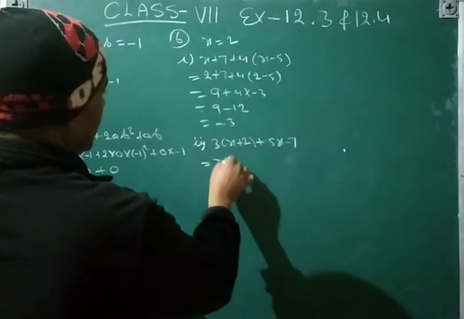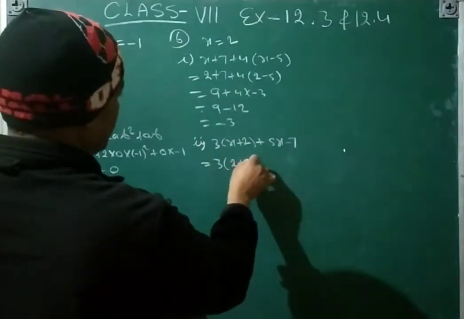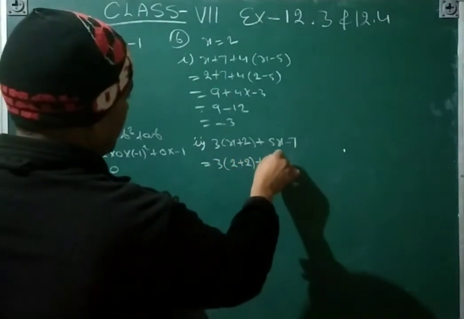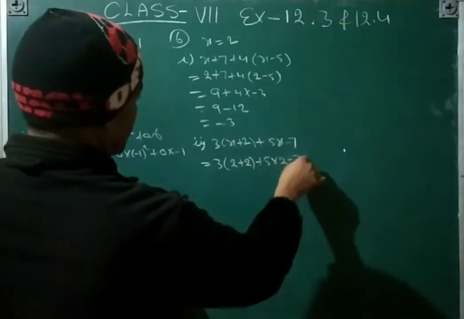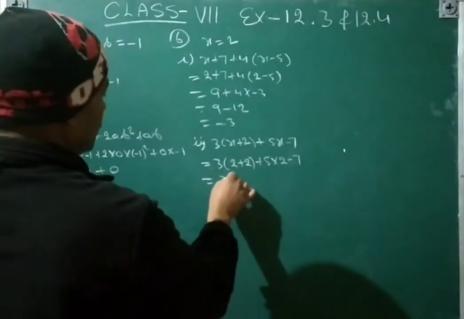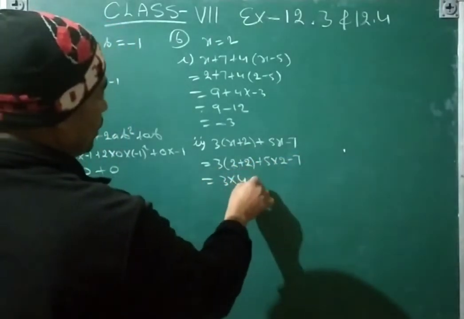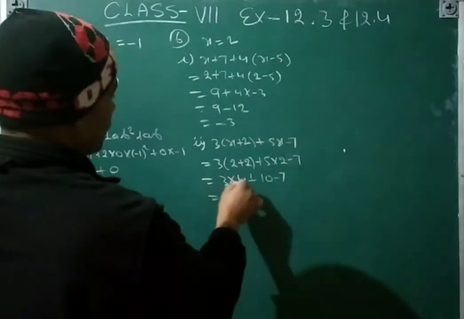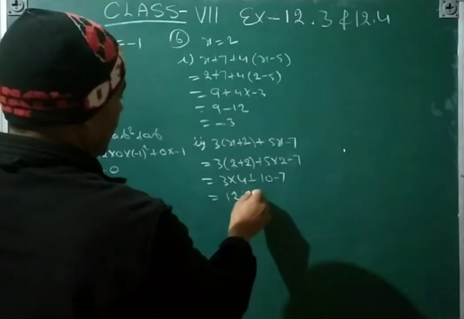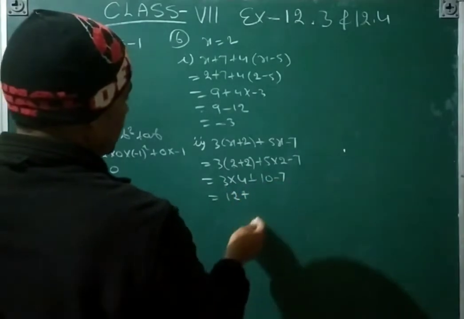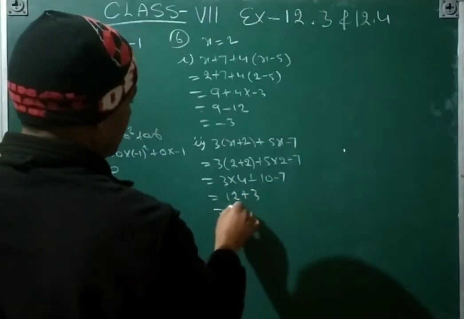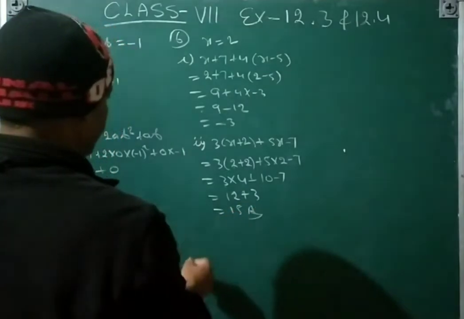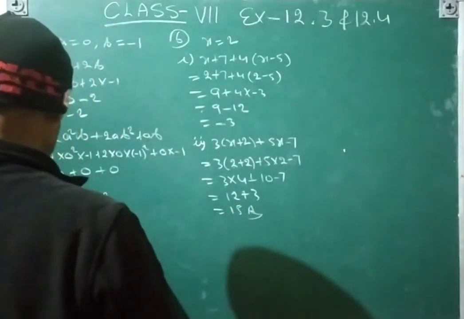So 3 into 2 plus 2, plus 5 into 2 minus 7. So 3 into 2 is 6, plus 2 is 8, plus 5 twos are 10, minus 7. So 3 fours are 12, and then 10 less 7 is 3. So that is 15, the answer. And then the third part you can do.